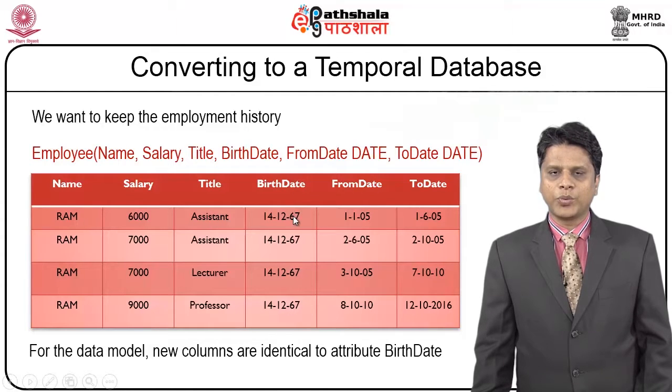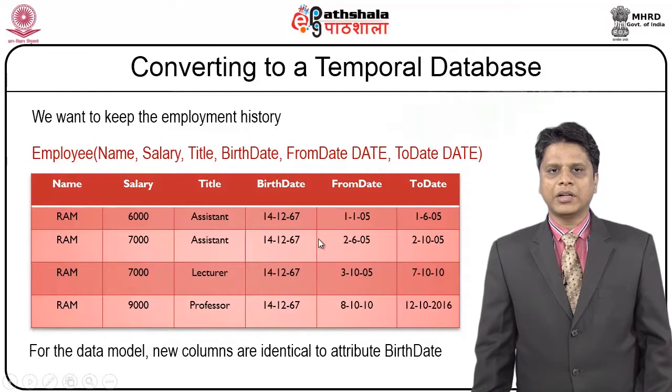There is an attribute called birth date, but for how long he has served as an assistant: between 1/1/2005 to 1/6/05, that is for a period of 6 months he has served as an assistant.